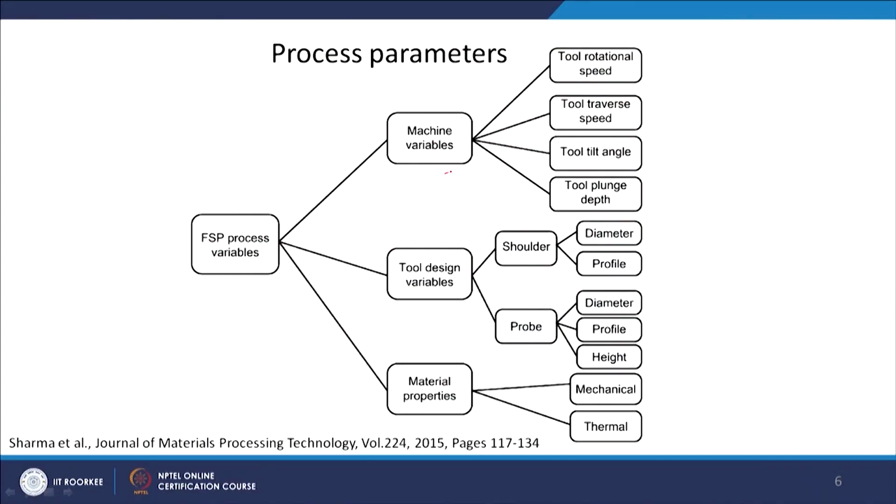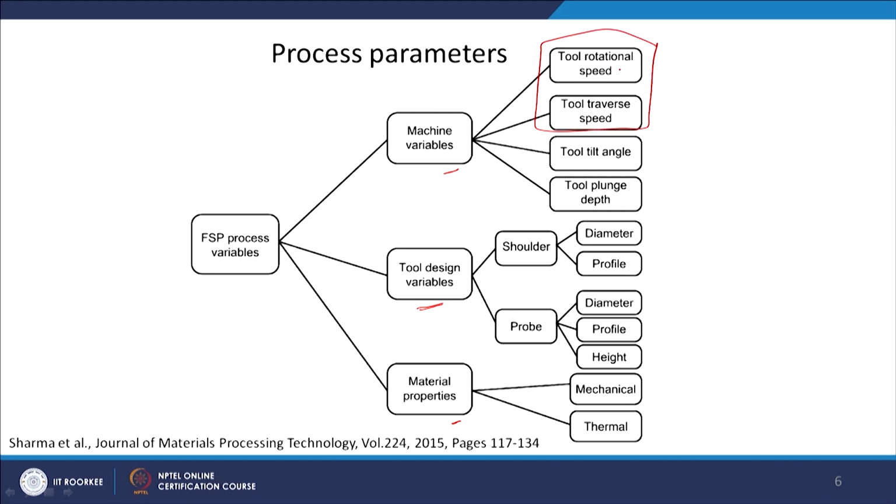One is machine variables, which you can change on the machine. Then you have variables in tool design, and of course material properties. Once your material is frozen, you cannot do anything about material properties. In machine variables, these two parameters are the most important.